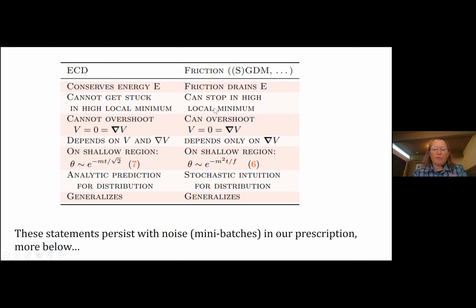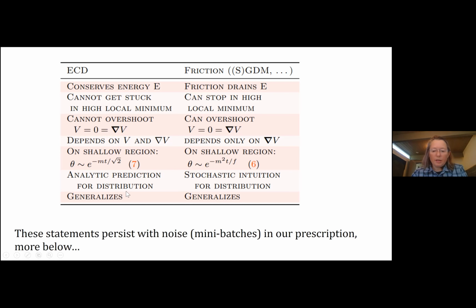But it can stop in a high local minimum, whereas there's a theorem that BI simply can't. Similarly, the overshooting. Gradient descent has a nice feature of depending only on the gradient, whereas we have this explicit dependence on V. We said the thing about the shallow regions.